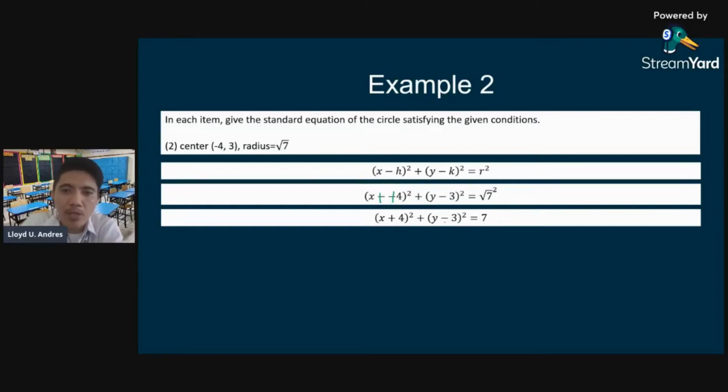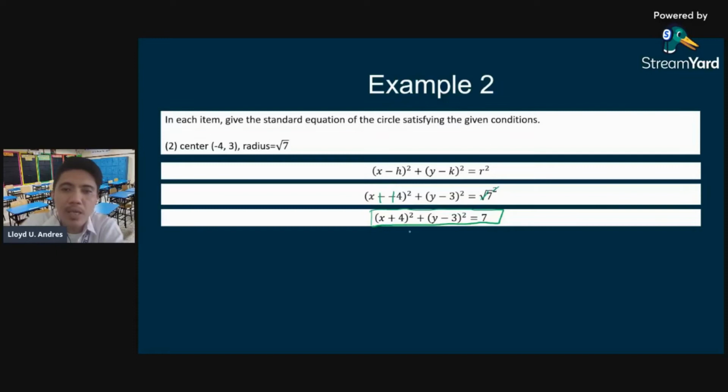Then y minus 3, you just have to copy that one. And square root of 7 squared becomes 7 because square root and squaring are inverse operations. So that will be simplified as 7. So this is now our final answer.